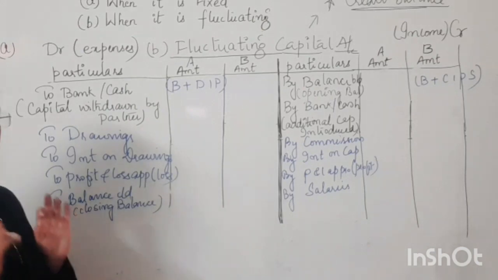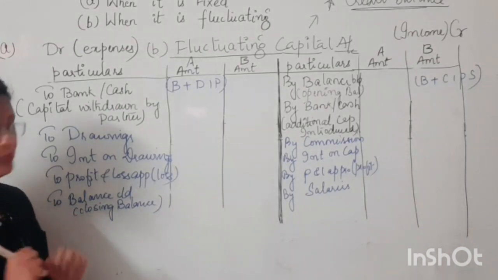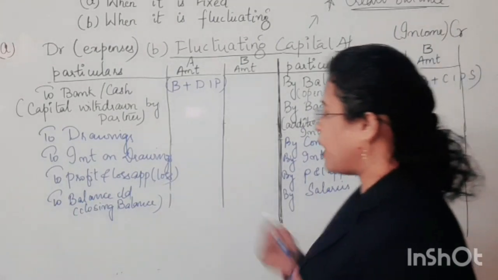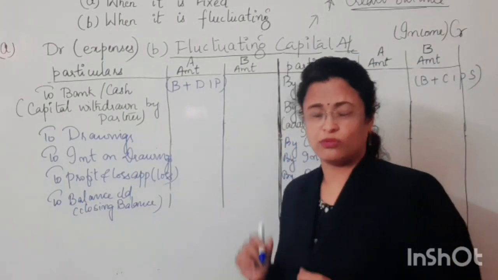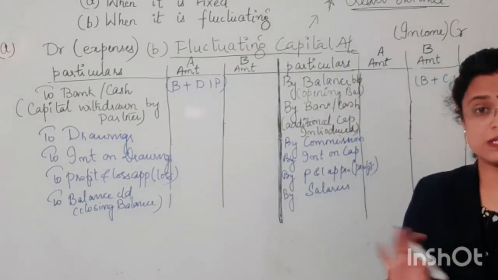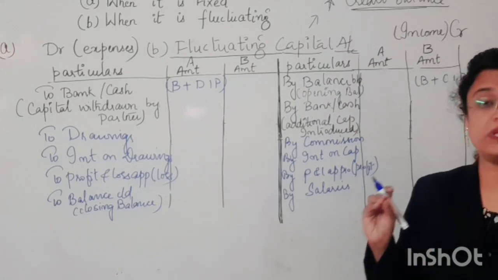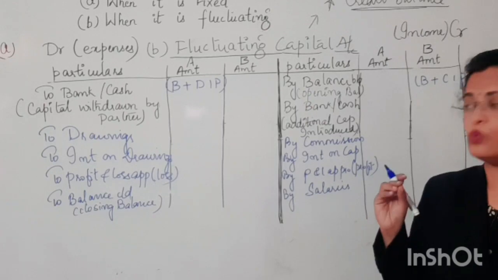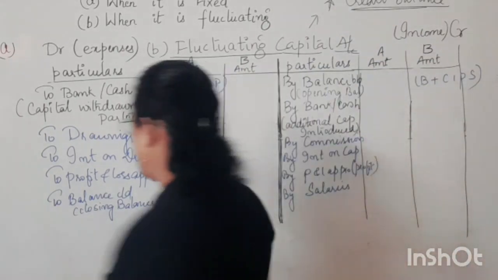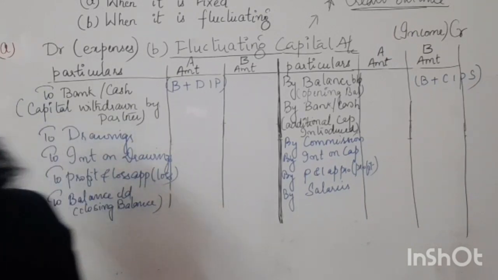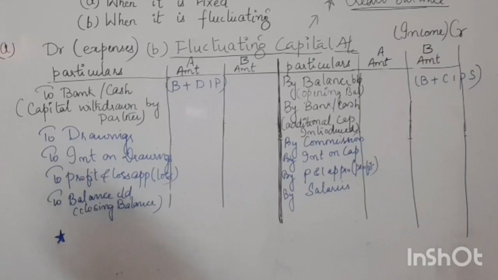Okay, children, now there is one very important thing that you need to remember throughout whenever you are dealing with partnership accounts. Suppose the question is silent, that is, the question does not mention which type of partners capital account you are supposed to prepare. So in the absence of information, remember children, you need to note down one thing. What is the one thing that you are supposed to note down over here?